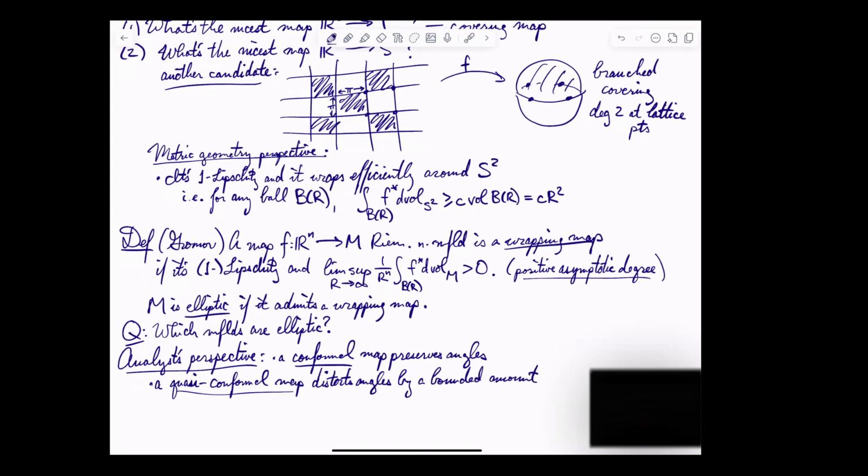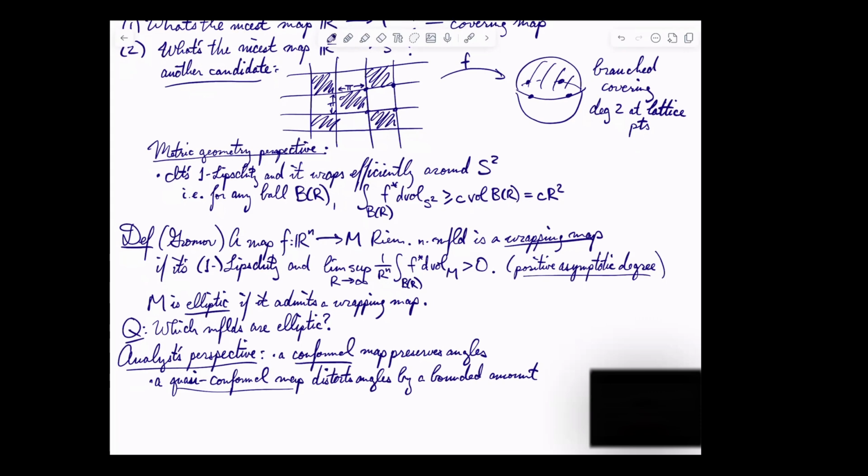But we really want to imitate holomorphic maps, which are conformal except where their derivative is 0.